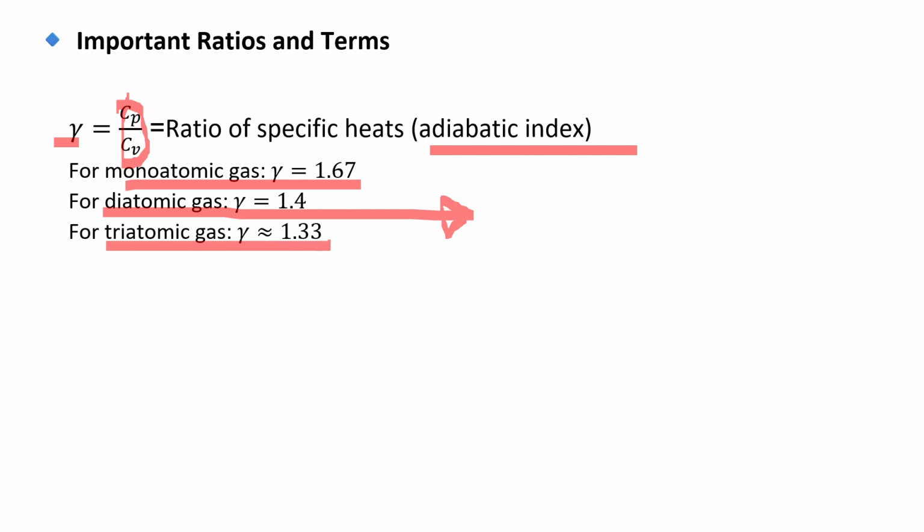So this gamma value, the adiabatic index, will decrease from monoatomic gas to triatomic gas: 1.67 to 1.4 to 1.33.